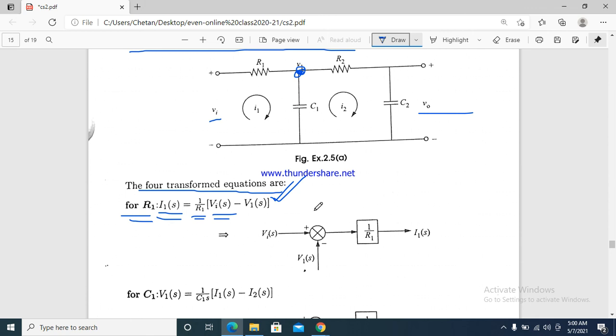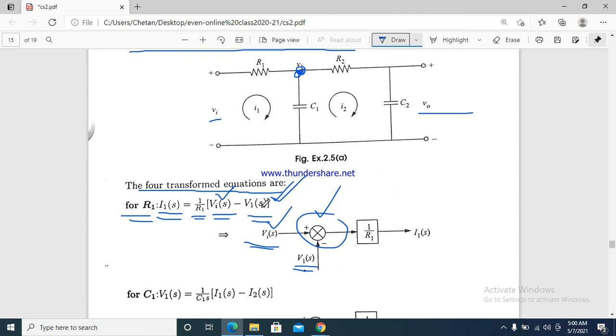Now represent this in a block diagram. Vi of S and V1 of S go into a summing element. For the first value Vi of S, the sign is plus. For the second value V1 of S, the sign is minus.